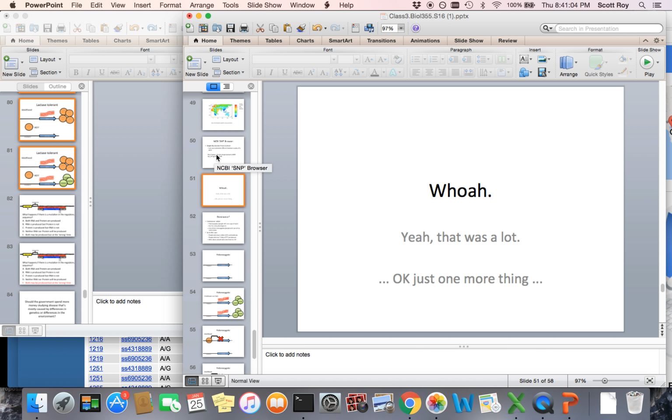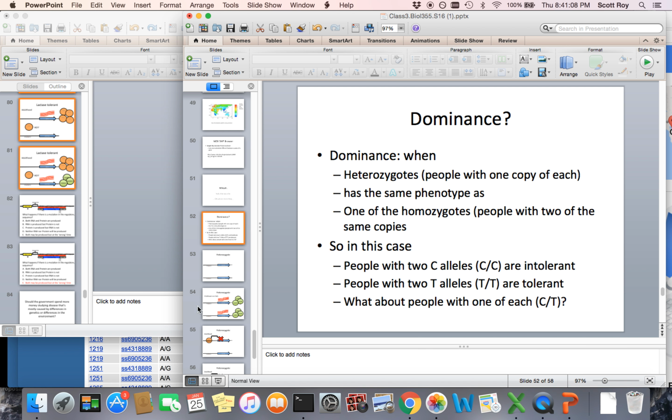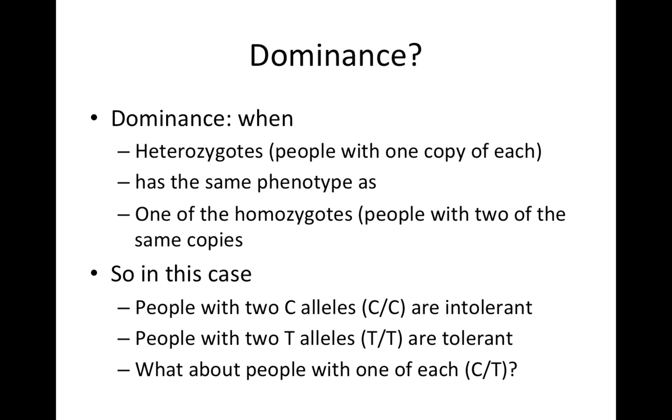Okay, so that was a lot. I just want to go through one more thing, which is this concept of dominance. So what do we mean by dominance? We've seen it so many times that we've almost forgotten how we define dominance. What we mean by dominance is when heterozygotes, people who have one copy of each, have the same phenotype as one of the two homozygotes.